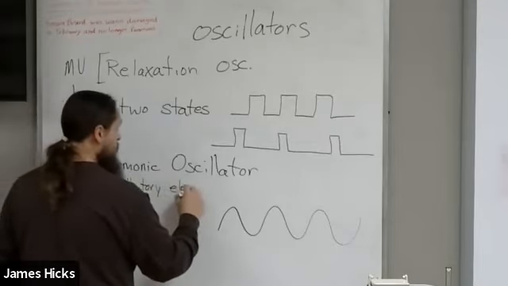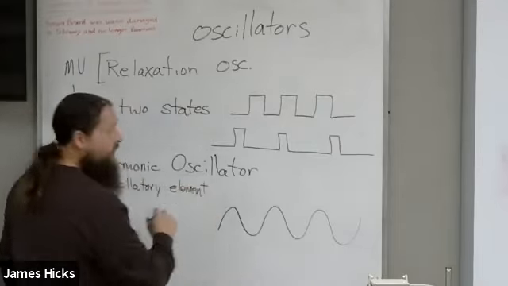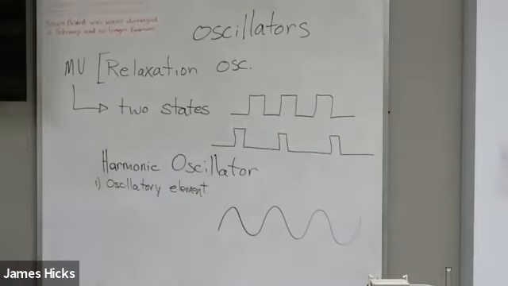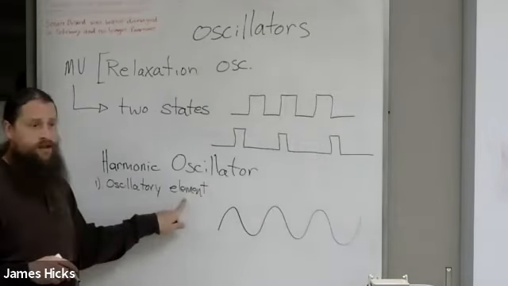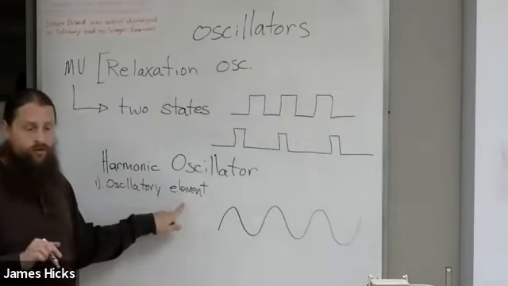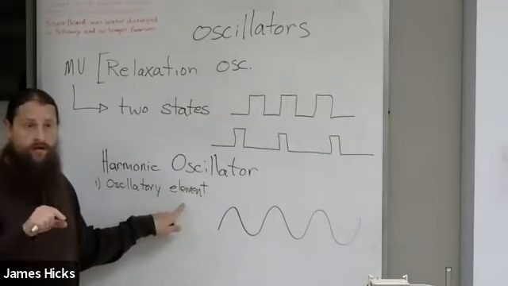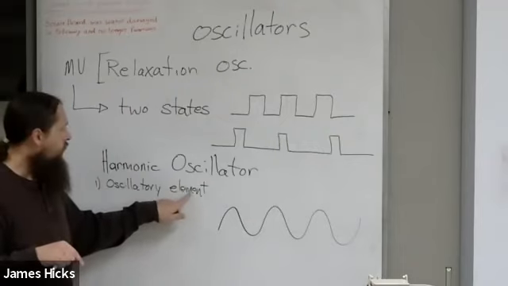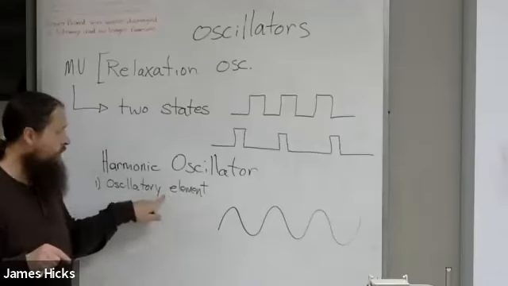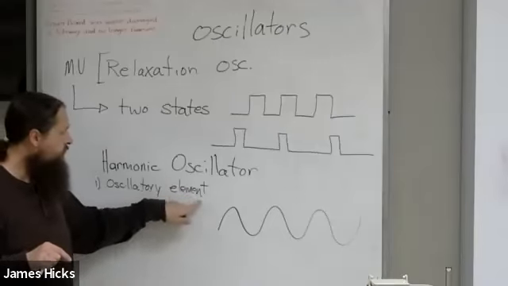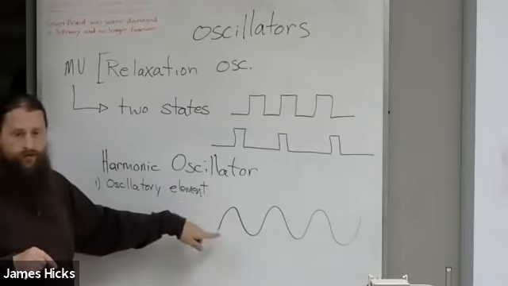You need some kind of oscillatory element. So this is like the basic thing in your circuit that's going to provide the oscillation, like the C. So this is going to be the base thing that can generate a sinusoidal wave.